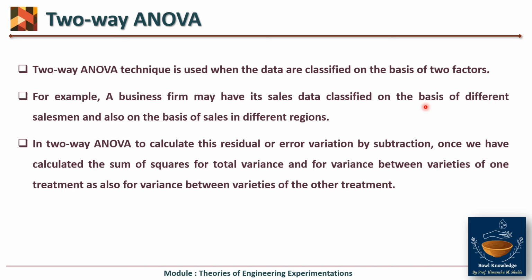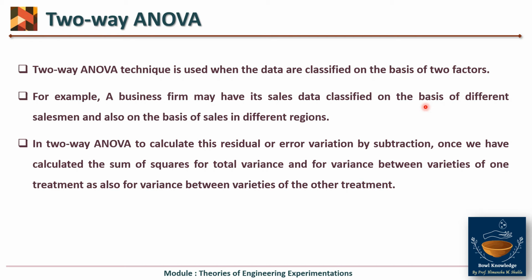So east, west, north, south, or Gujarat, Maharashtra, Goa, Uttar Pradesh. So two factors at a time, and this problem cannot be solved by one way ANOVA, or you would have to solve it separately by taking a single factor and perform one way ANOVA two times. To avoid this, we have this technique called two way ANOVA.